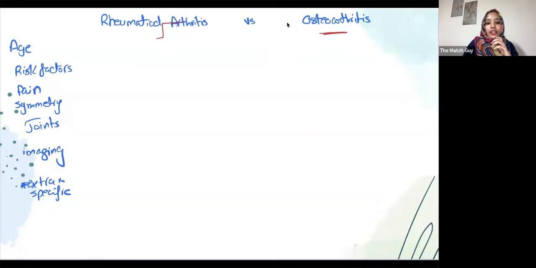Someone who's older, probably above 60, maybe above 55, something like this. And what about rheumatoid? Is it going to be a bit different? Younger, yes. Lower mid-age, so maybe think 40s to 50s. This is when it starts to show up. Obviously, it's going to continue.